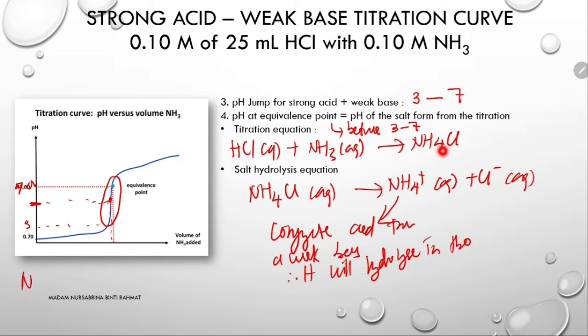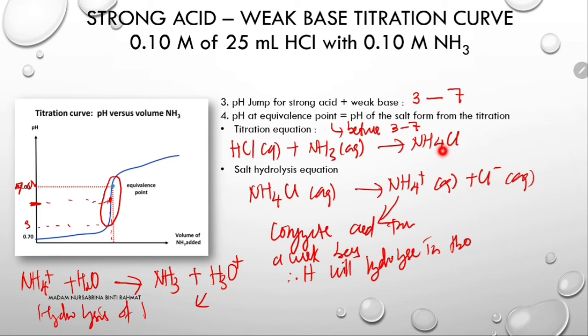NH4 plus plus H2O produces NH3 plus H3O plus. So the hydrolysis of NH4 plus produces H3O plus. Therefore, NH4Cl is acidic with pH less than 7.